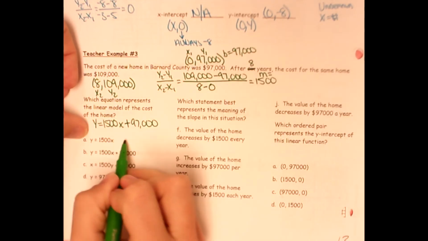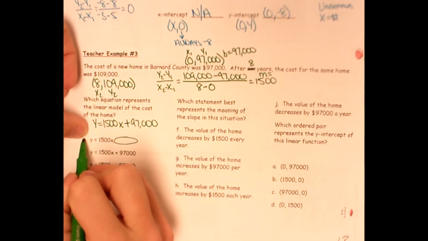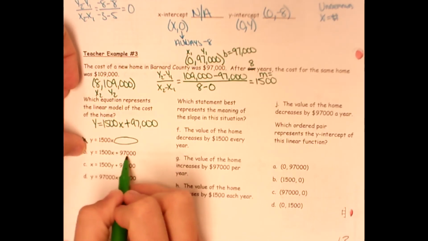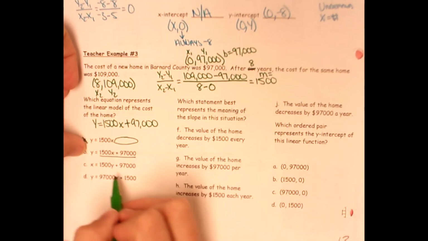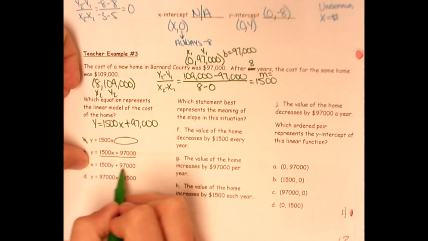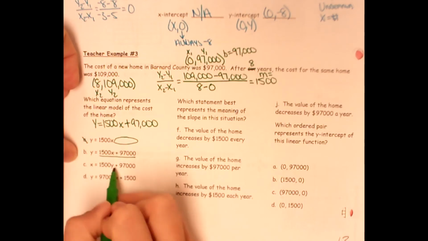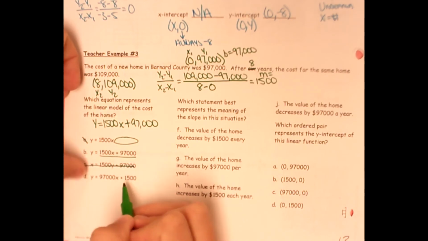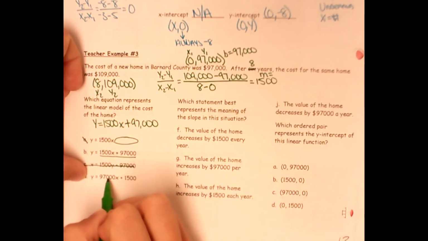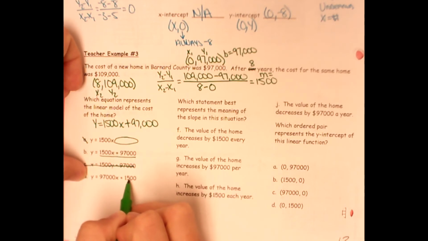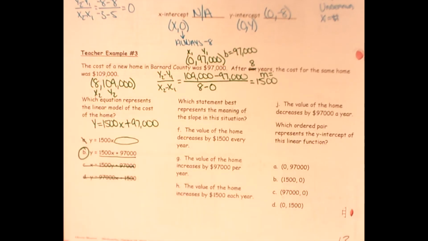So looking, this one does not have a b. 1,500 plus 97, this looks like this is our answer. This one is just to trick you. Yes, it's 1,500 next to a letter plus the 97,000, but the letters are switched. So it won't be that one. And then this one, they put your slope as the b, and the b is the slope, so it won't be that one. So our answer is B.